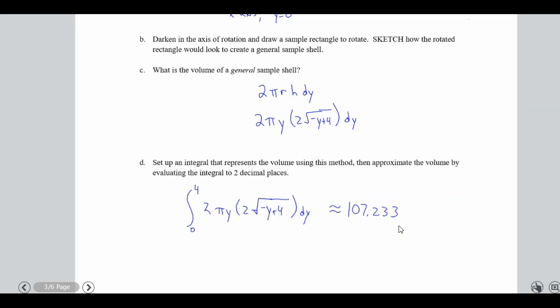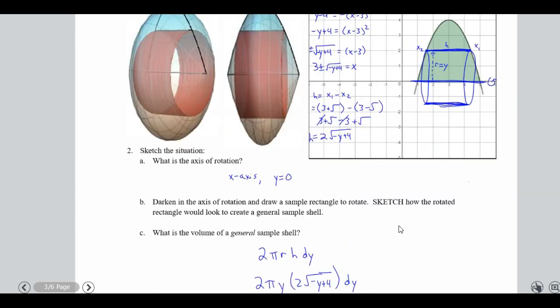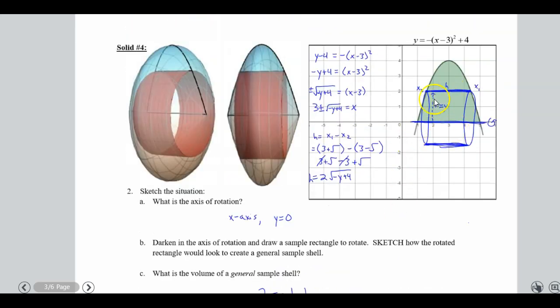So that's kind of the idea. Now, one thing I wanted to highlight here is we've done something similar to this before. This is our very first one when we were talking about discs and washers. And it would be a lot easier to just use vertical rectangles here and just use discs rather than having to go through all of this rearranging and everything to use shells.